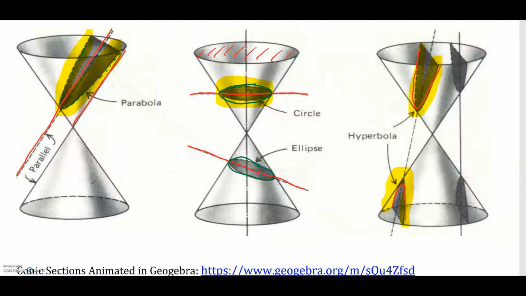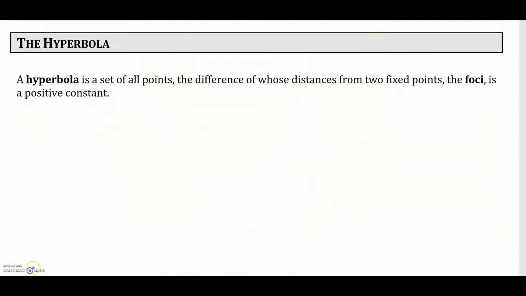Let's look at the standard form of the equation of a hyperbola as well as how the hyperbola is constructed using the foci. The hyperbola is a set of all points such that the difference of whose distances from two fixed points, the foci, is a positive constant.